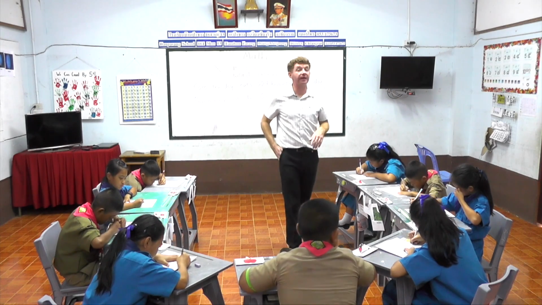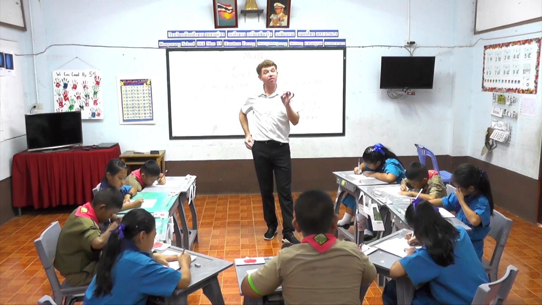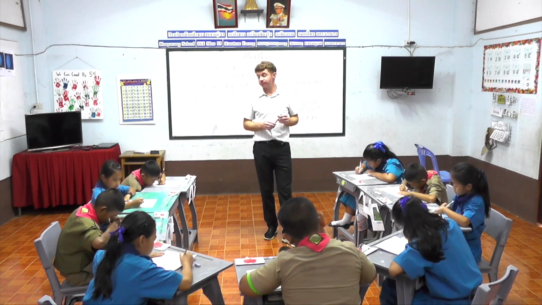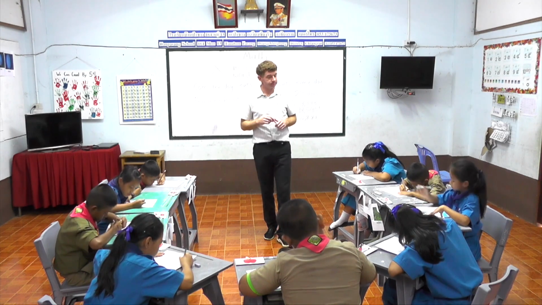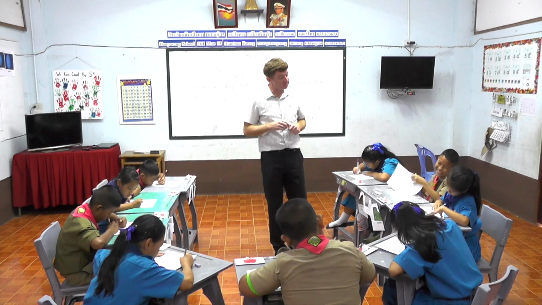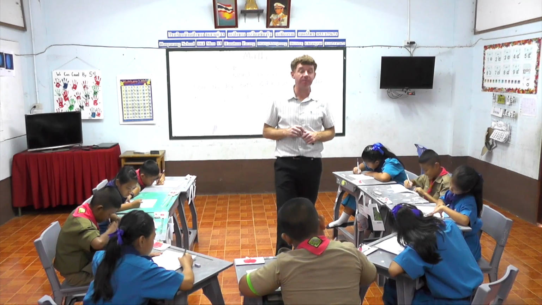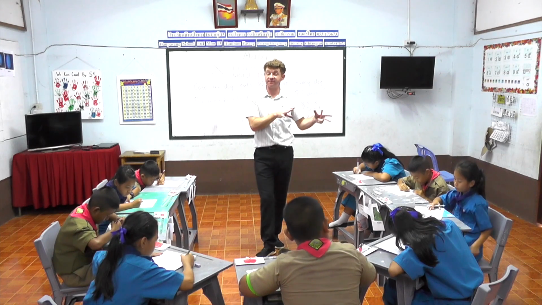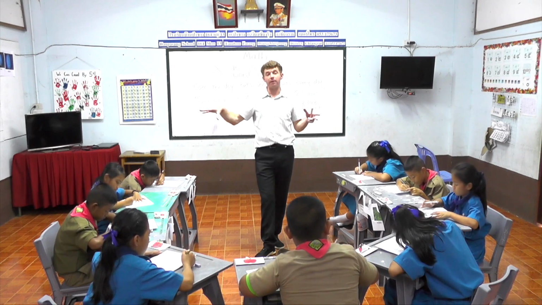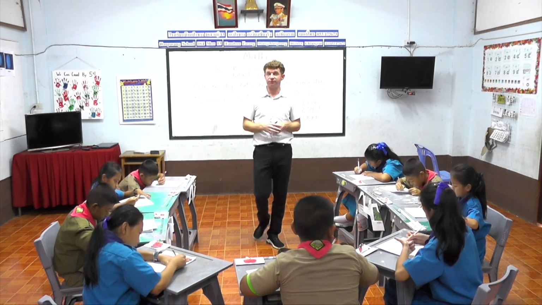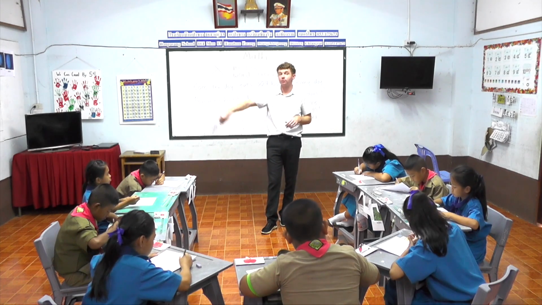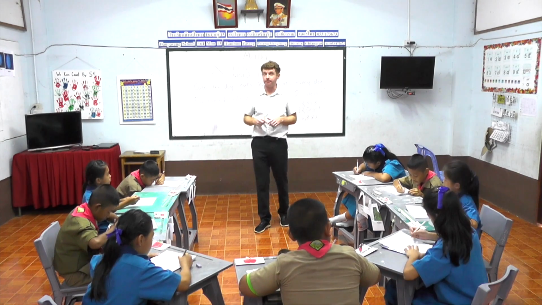So the multiplication problem to the first one, 32 multiplied by 12. How many scouts are there in the camp in total? So take the number of scout groups, 32, and the number of scouts in each group, 12. 32 times 12 will give you the total number of scouts in the camp.